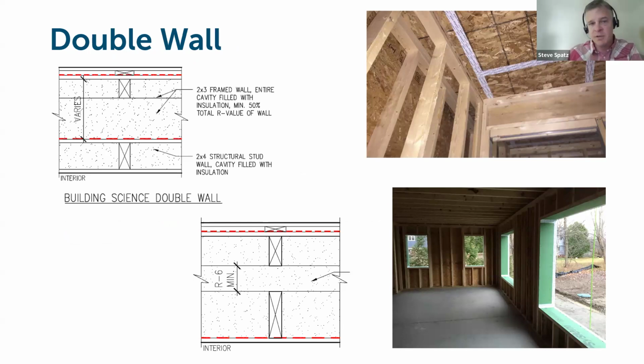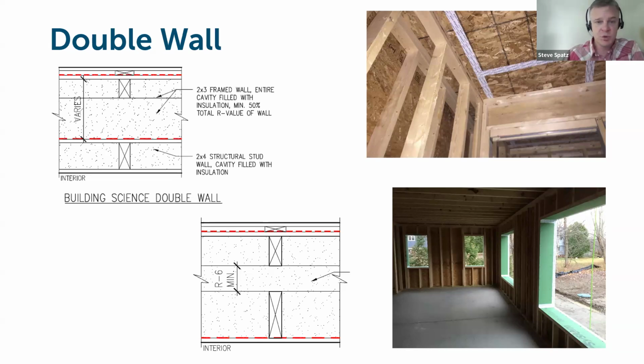So some options for building continuous insulation wall assemblies. It doesn't always just have to be a layer of literal continuous insulation as a board sheathing, either inboard or outboard of your framed wall, of the framing cavity. Double wall construction has been around for a long time.